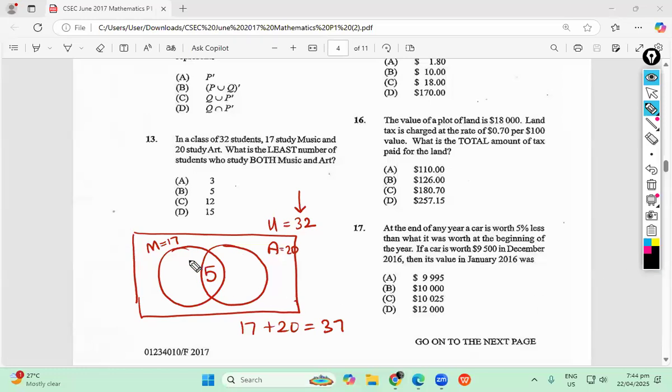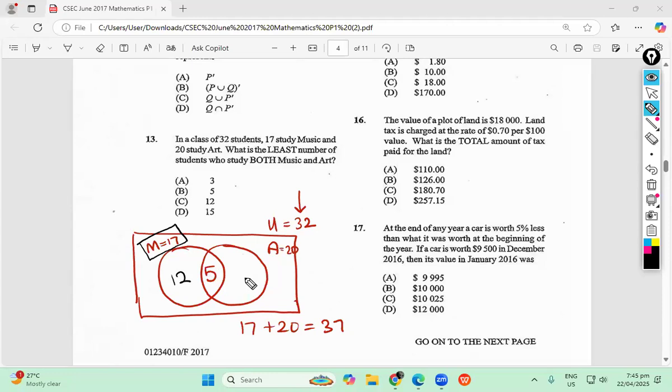So to get the amount of people who do music alone, remember, when they say 17 people do music, they're talking about this entire circle. If the whole circle is 17 and this portion is 5, then 17 minus 5 is 12.